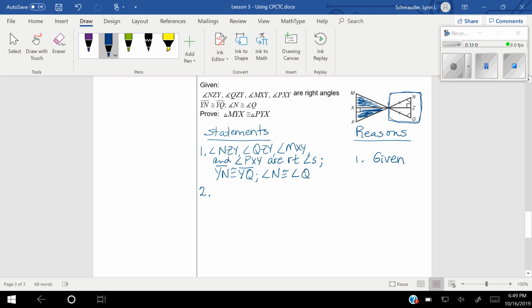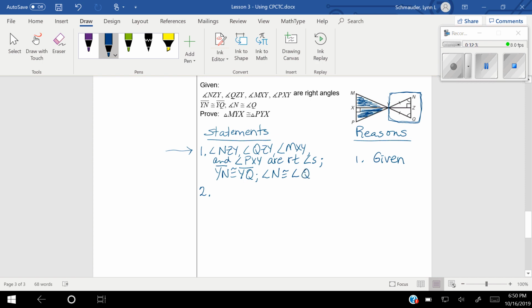So as you might have guessed, I'm not going to work this problem for you. We'll do this first thing when we get to class, so don't let me forget. What I will do is look how they've told us that all those angles, NZY, QZY, MXY, and PXY, are right angles. So I'm going to give you this hint.